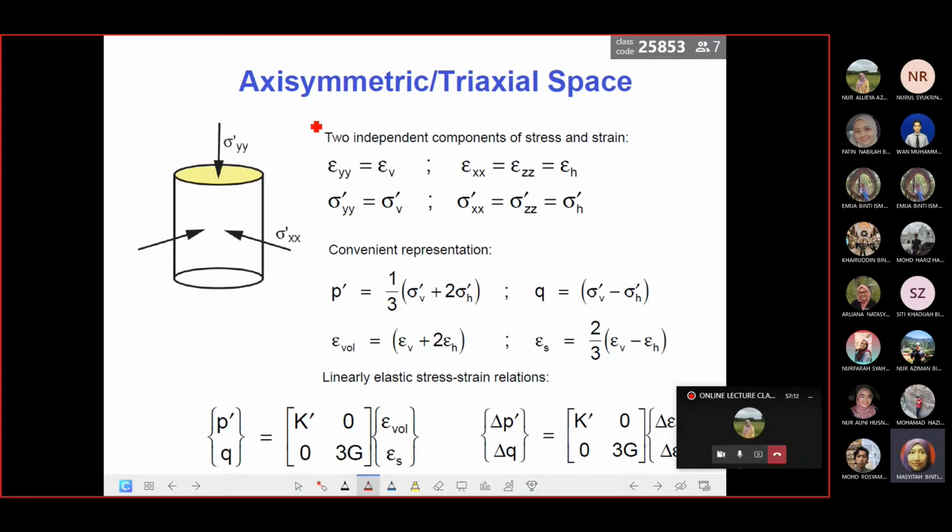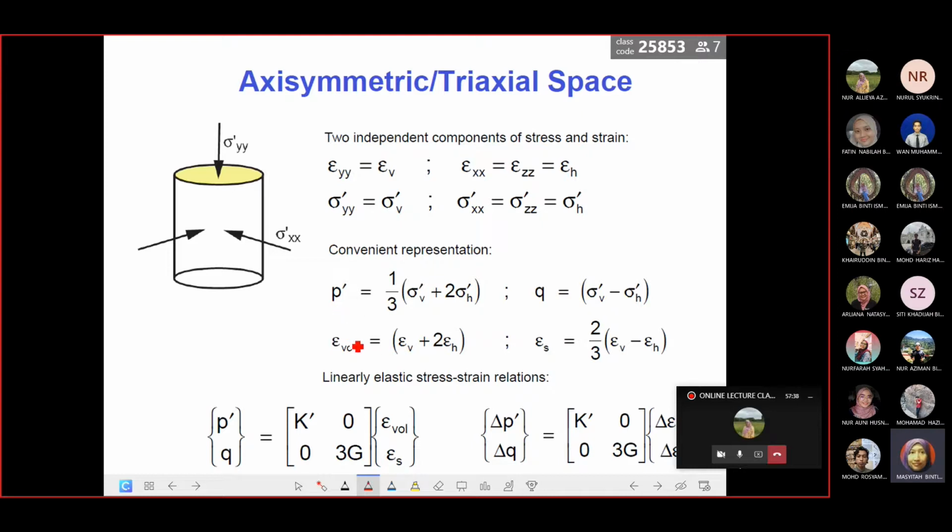If you look at the asymmetric space, if you have a case of circular samples and you want to view it in 3 dimensions or in 2D, how do we present the stress path? We can also use P prime or Q. Q is the deviatoric stress, P is the mean stress.